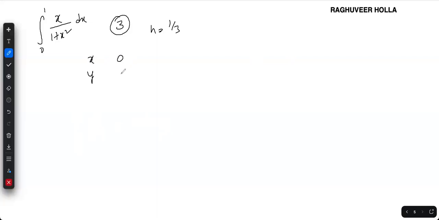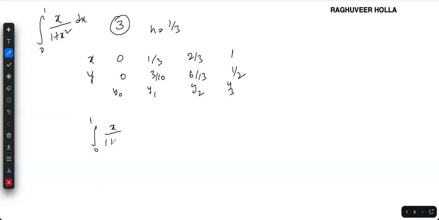So this will be 0, this will be 3/10, this will be 6 by 13, and this is 1 half. So you got y0, y1, y2, y3. So the corresponding formula, since we have got three equal parts, is 3h by 8, y0, y3 plus 3 times y1, y2.